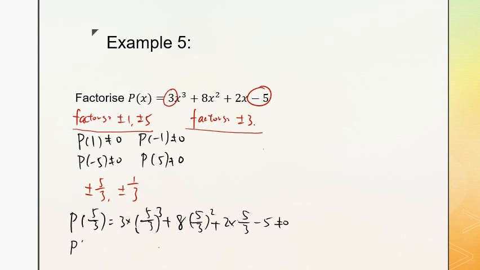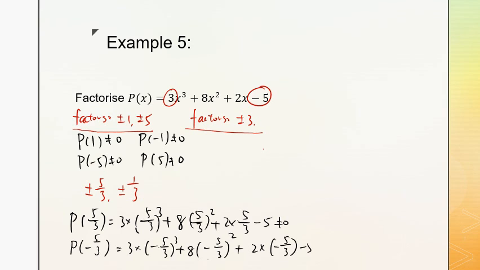However, if you try with p of 5 on 3, this should give you the answer 0. It may take a while to find out the answer, but don't worry about this. Okay, then this should be equal to 0.